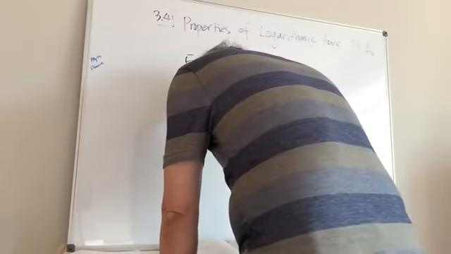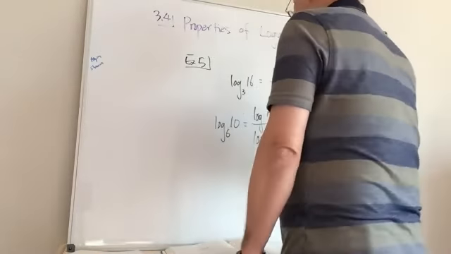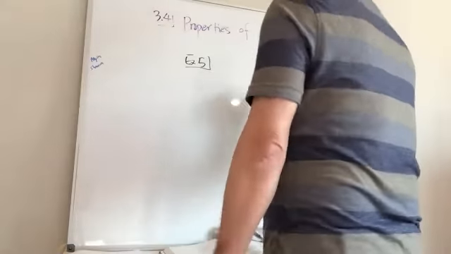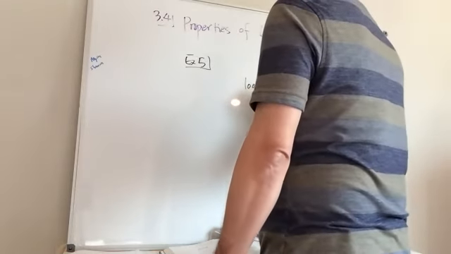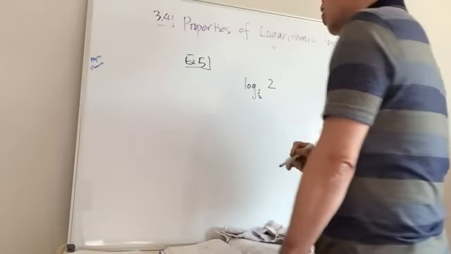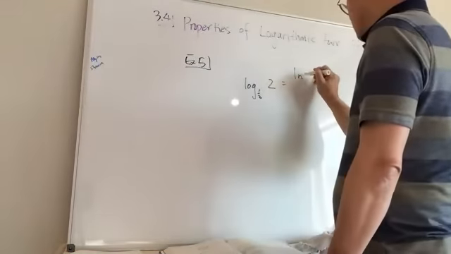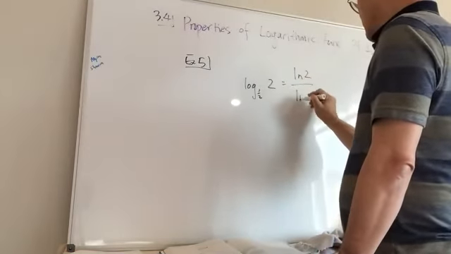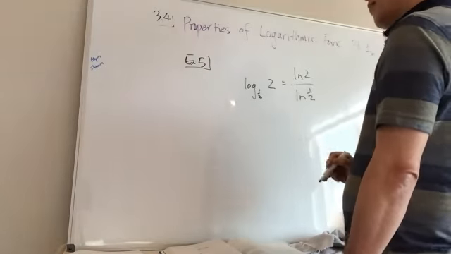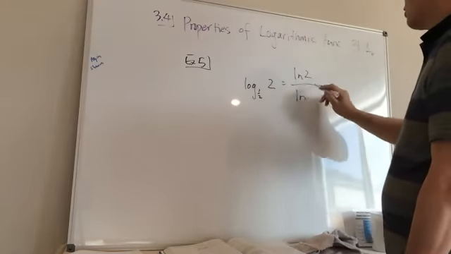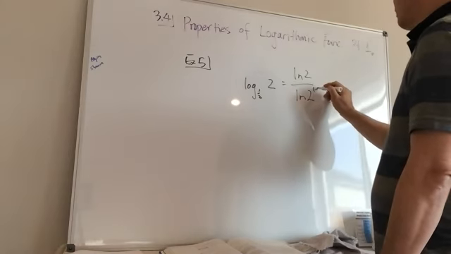And then we have, last but not least, log base 1/2 of 2. Okay, and we are changing this to natural logs, natural log of 2 over natural log of 1/2. 1/2 is the same as 2 to the -1, right?